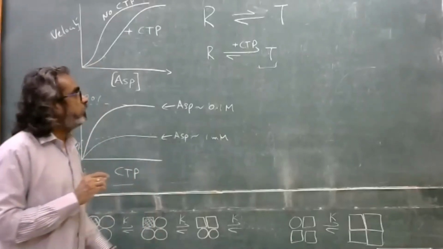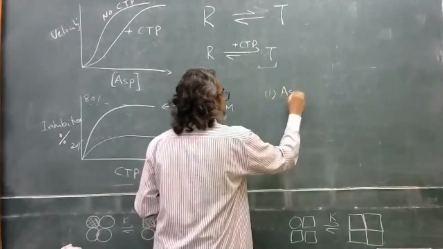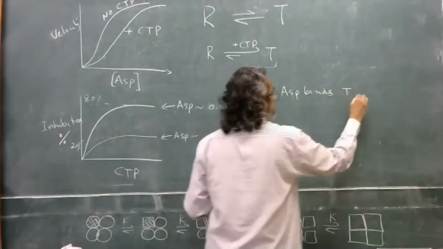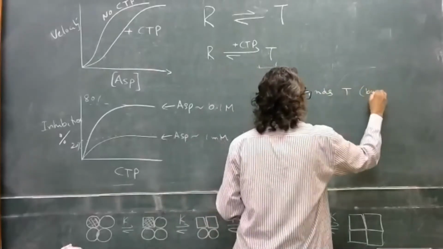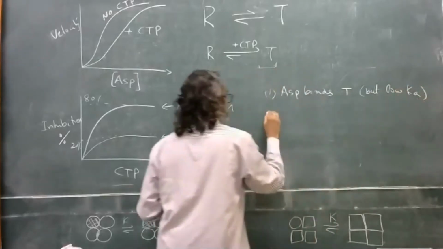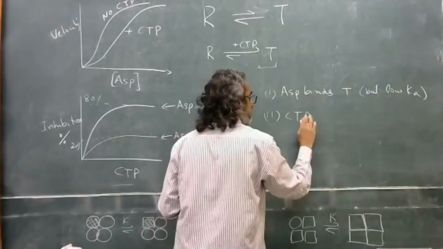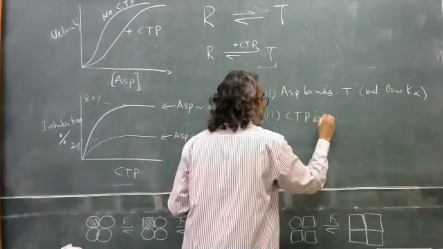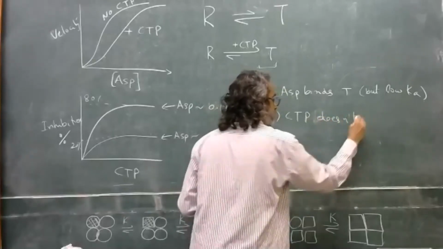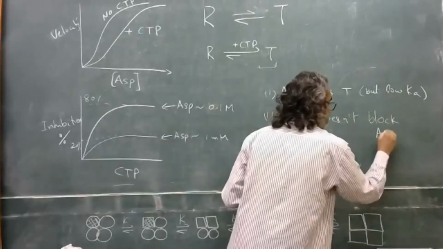So that's one reason: aspartate binds T as well, but with a low Ka. CTP binds, but does not block the aspartate binding site.